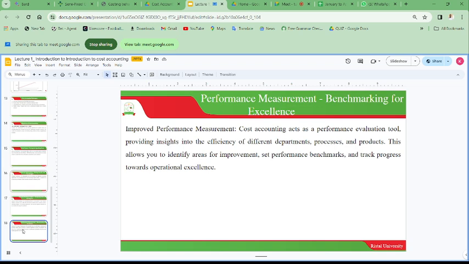This allows you to identify areas for improvement, set performance benchmarks, and track progress towards operational excellence. So that's improved performance measurement. In other words, you measure your performance.